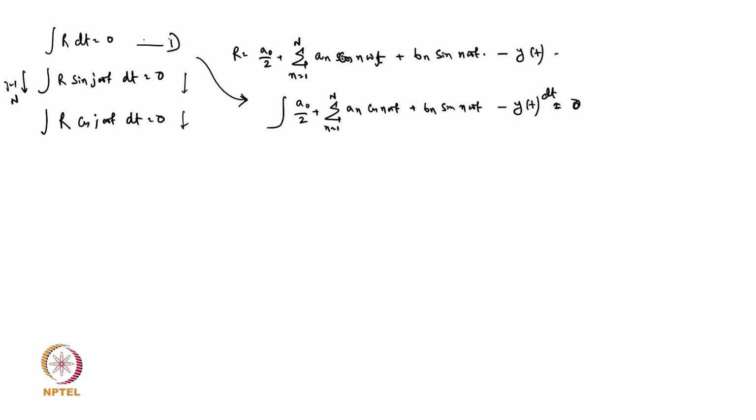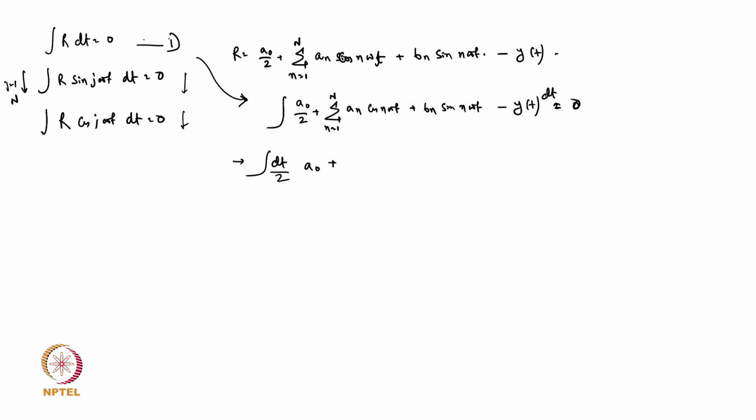Makes sense? This type of thing happens once we see this type of integral. The most common point is that we forget what we have to do. So don't get diverted. Now start writing it. Integral of a0 by 2 dt plus, just focus on our objective, we have to calculate a0, a1, a2, a3.